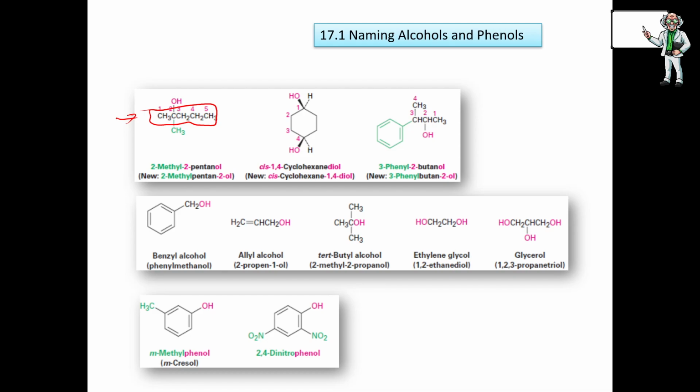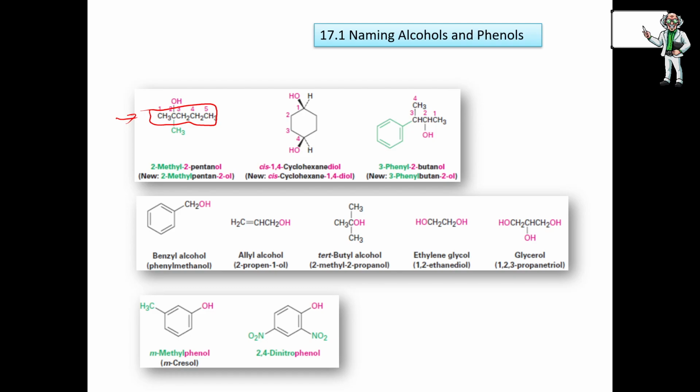And here I have two possibilities. I can say that it's 2-pentanol, or I can say that it's pentan-2-ol. I can put the number just before ol, or just at the beginning of the name of the main chain. It's up to you. The new IUPAC rules follow the number in the middle, but we accept, and we will accept in the exam, either of the two possibilities.